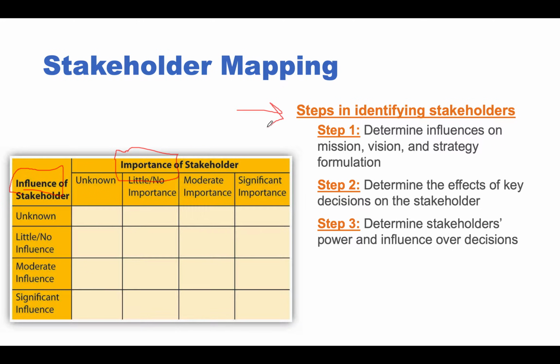The third and final step is to determine their power and their influence over our decisions, right? So power and influence sort of go together. So this analysis is to determine the degree to which these groups and individuals, our stakeholders, have some sort of power or influence over the decisions that we make.